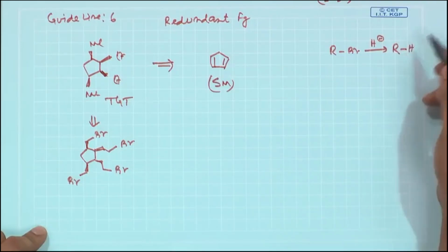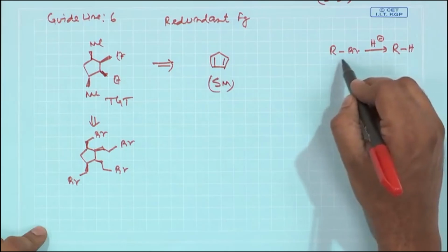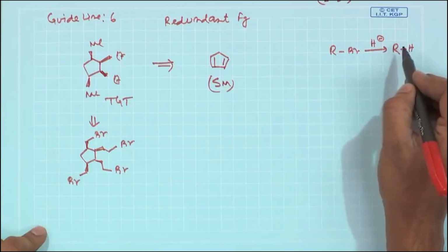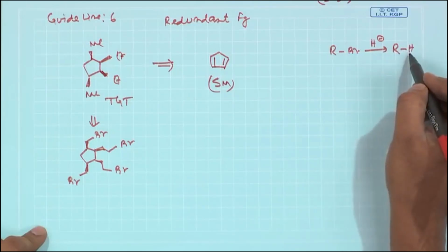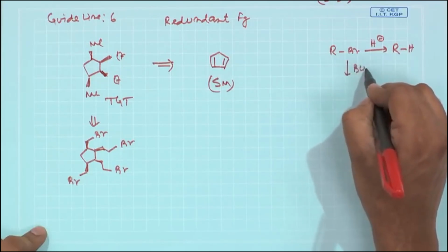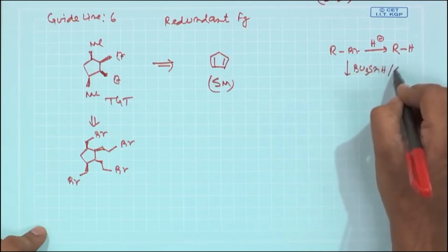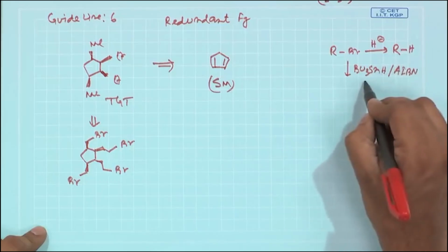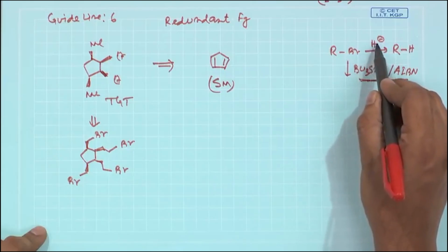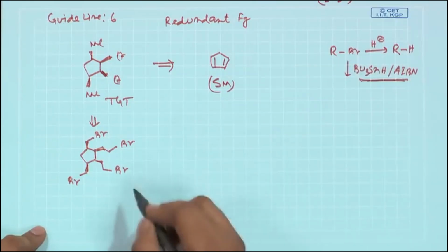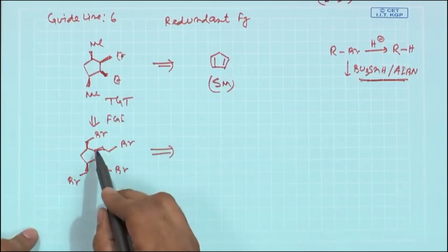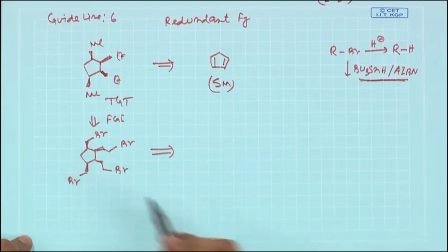You already discussed this, or if not, just remember that if you react an alkyl bromide or alkyl halide with lithium aluminum hydride, you can get the corresponding hydrocarbon. Also you can use a radical mediated reaction with Bu3SnH and AIBN, that is also quite possible. We will explain this reaction a little bit later on, but first remember any hydride source will work here to give you the hydrocarbon. So, this is basically FGI. The point is you have to introduce 4 different functional groups here.